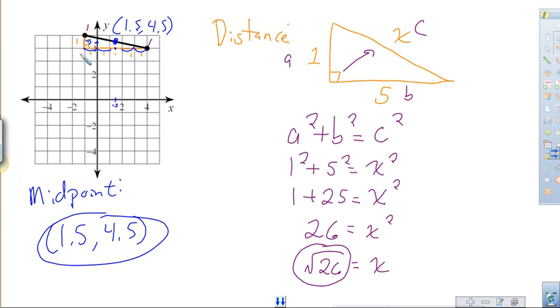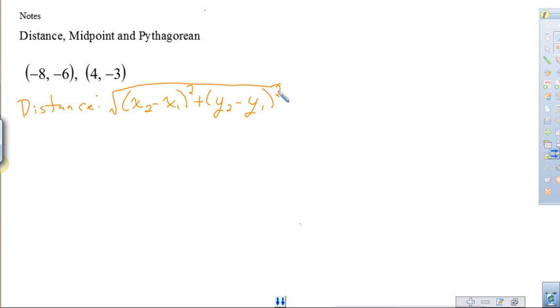Subtracting them gives you the distance. There's your 5. Subtracting these would give you this distance. You're squaring them because it's Pythagorean theorem. You're adding them together, and then you square root it because it's equal to c squared. So to find what c by itself is, you would just square root the whole thing.